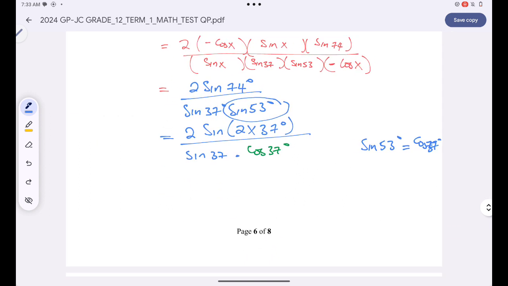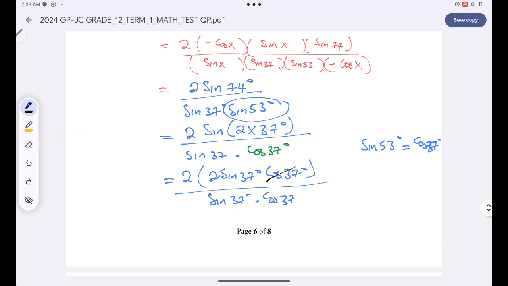You'll see now why I am doing that. Remember that we have a 2 in front, right? Sine 2x is a double angle. So we simply have 2 times 2 sine 37 degrees cos 37 degrees divided by sine 37 degrees times cos 37 degrees, right?